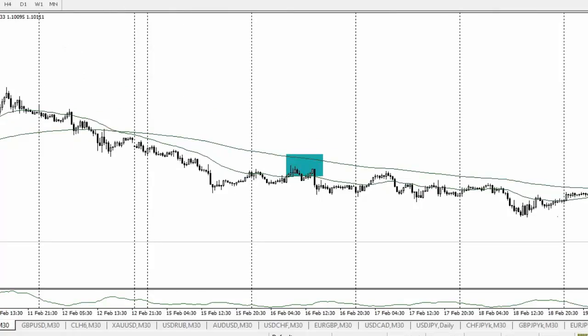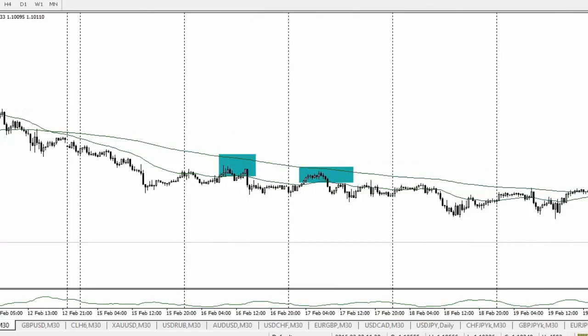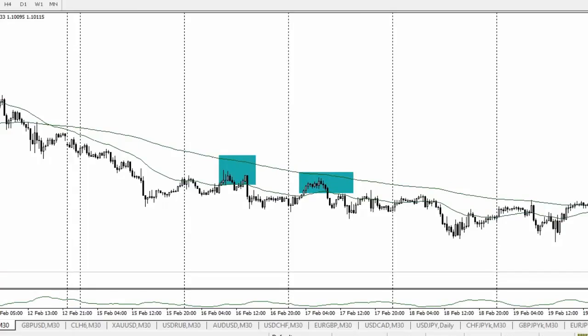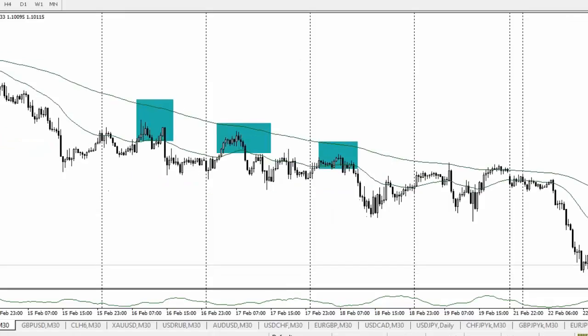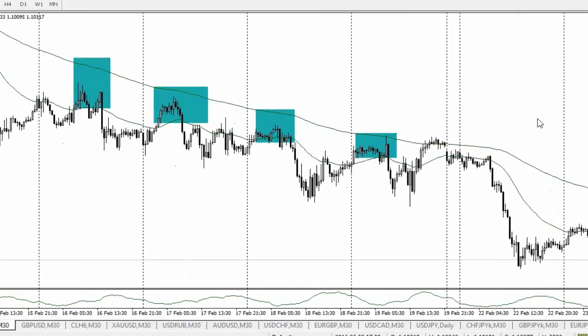On February 16th we had a setup, on February 16th or 17th. We had February 18th. February 19th is also a setup, right? And eventually February 22nd.